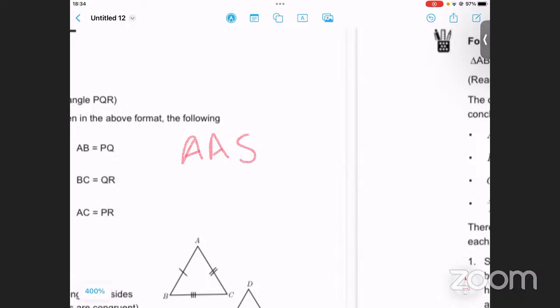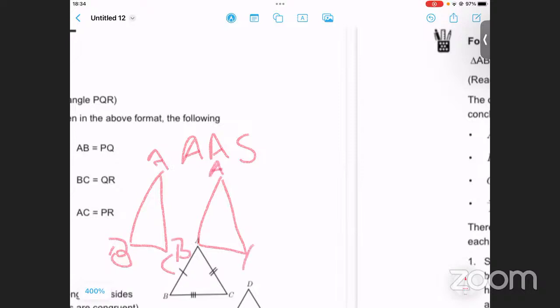Let me try to draw the two triangles, A, B, C and A, B, C, okay? So with angle, side, it's going to be something like this: angle, and where do we put the side? Let's just put it here. Or it can be this one. Any of the two, as long as it's not between here.